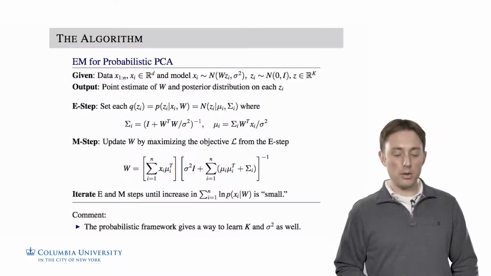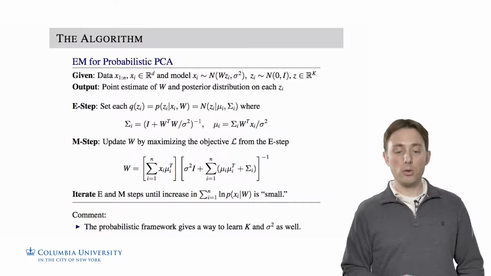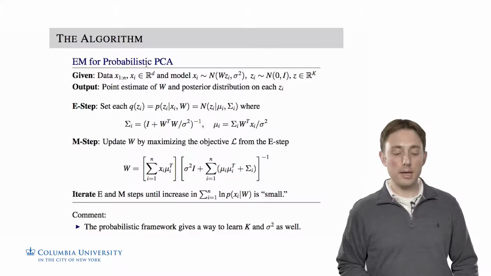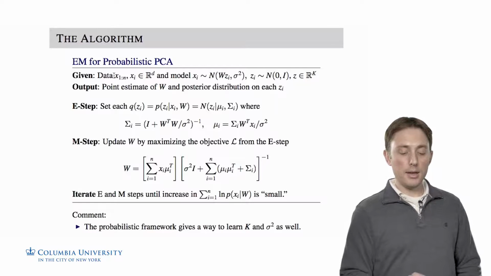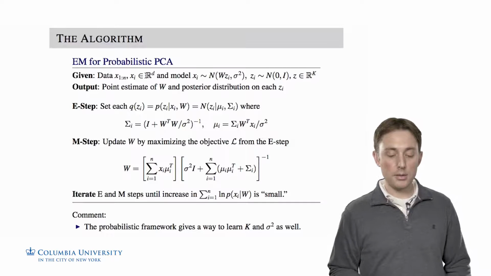And the result is this algorithm. I'm not going to derive everything from scratch. I'm just going to present the algorithm for doing EM for probabilistic PCA. So we're given data x1 through xn, where each data point is in R^D, where D is a high-dimensional space.